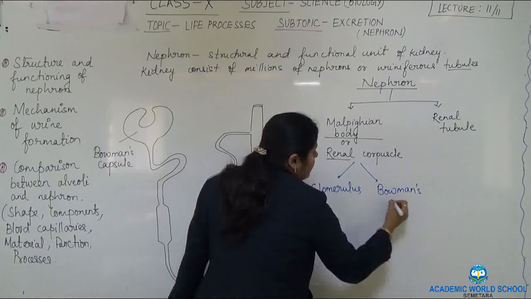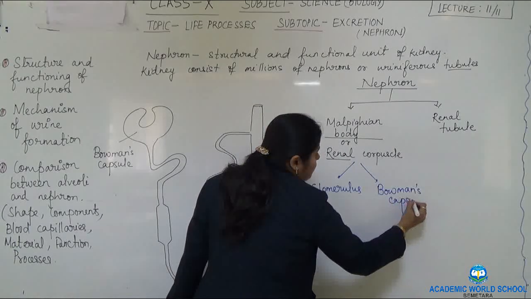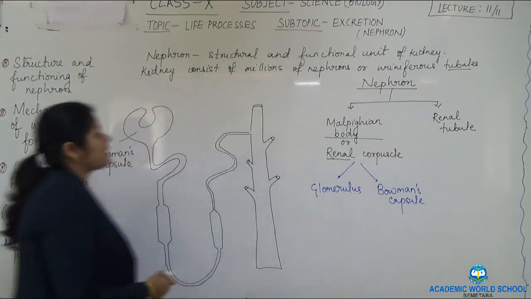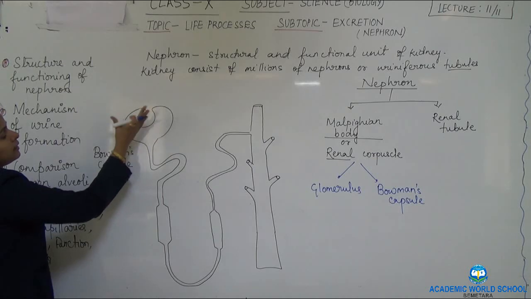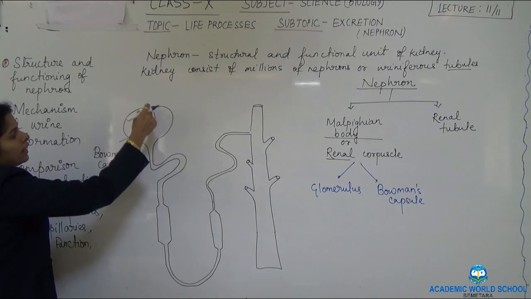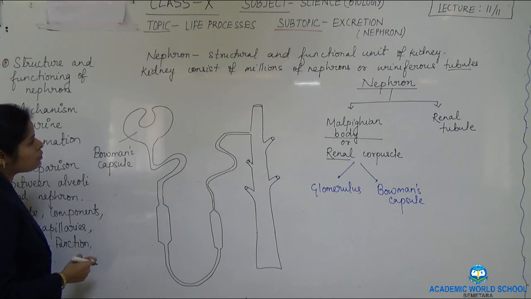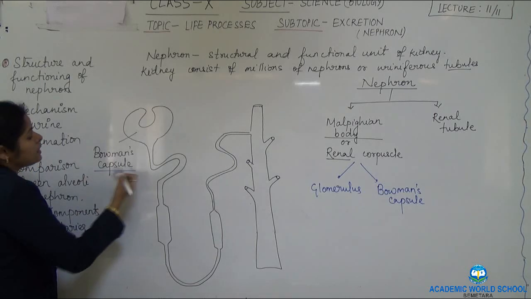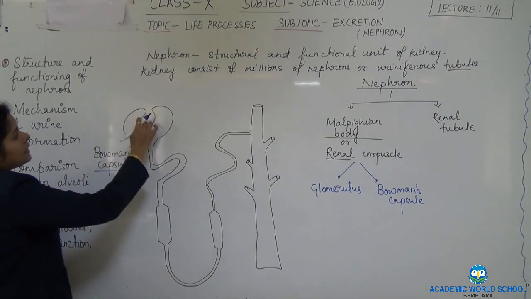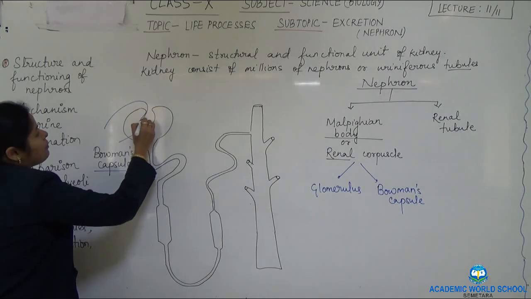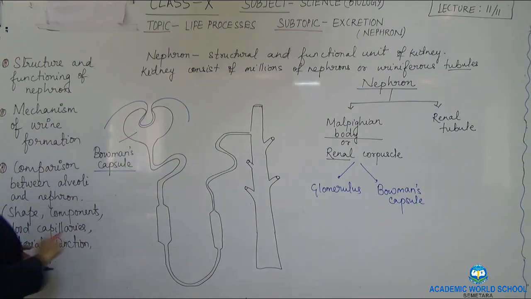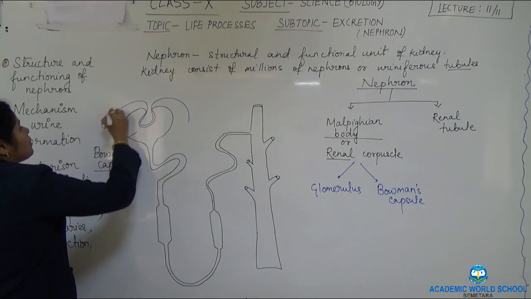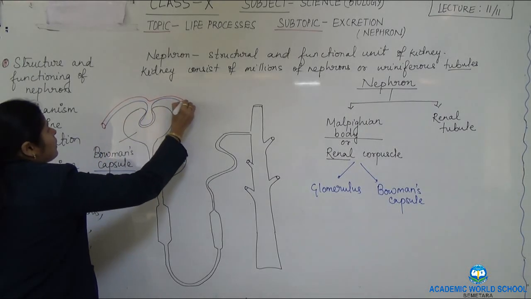Now let's see in the diagram which part is the glomerulus and which part is the Bowman's capsule. This cup-shaped structure, which is broader, blunt end, where the inner lining is made up of double-walled squamous epithelium, we call it as Bowman's capsule. And inside the Bowman's capsule, we find a tuft of capillaries like this.